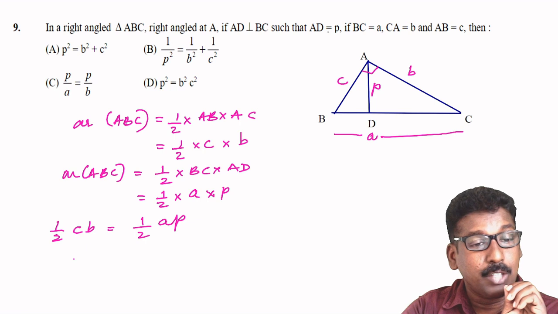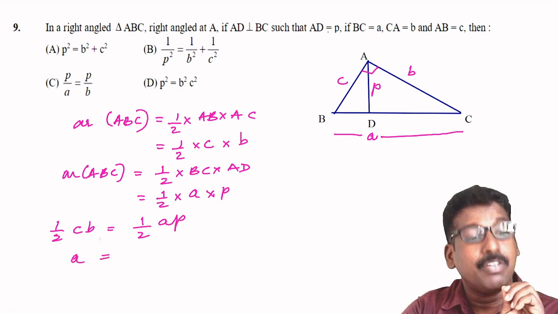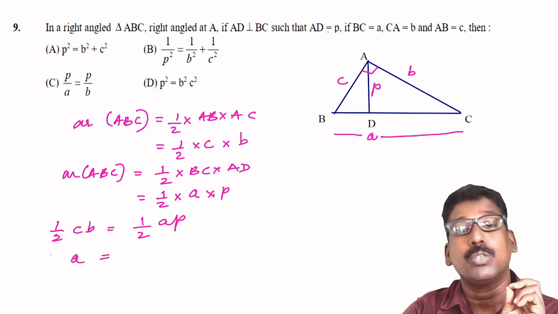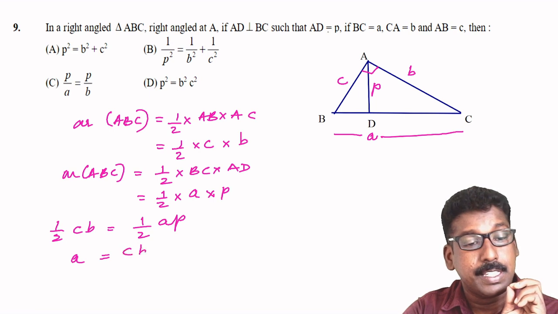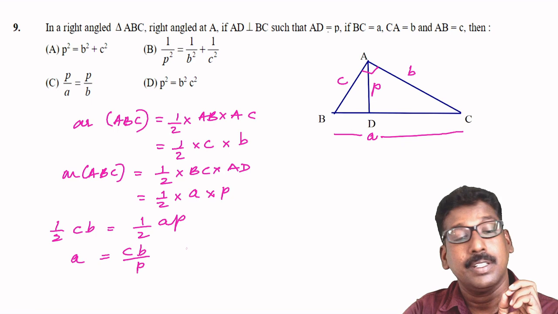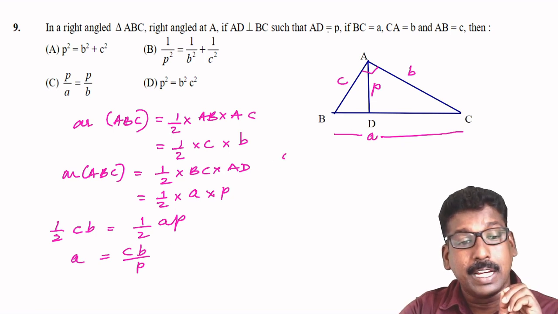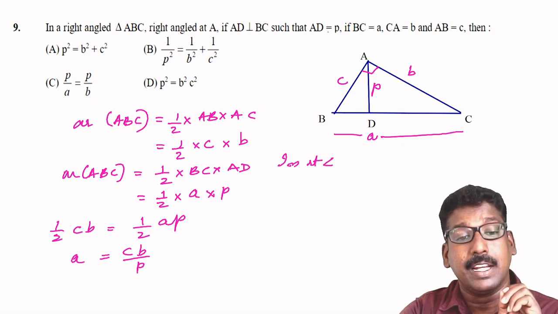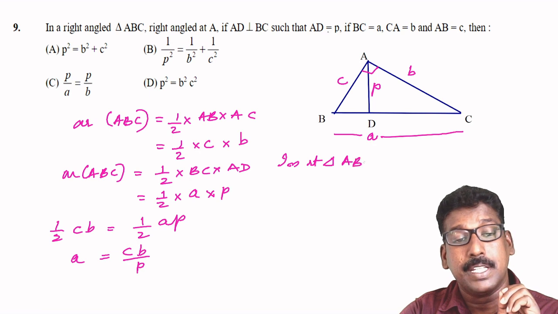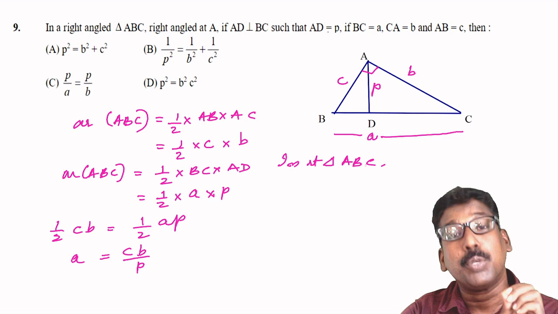Then what is the value of A? Half will be cancelled. P you transpose to the other side. It is CB by P. Now in triangle ABC, in right triangle ABC, right angle at A. What is the hypotenuse?